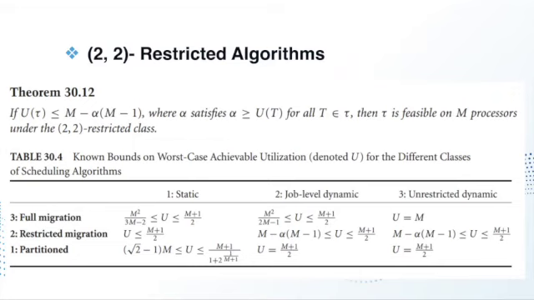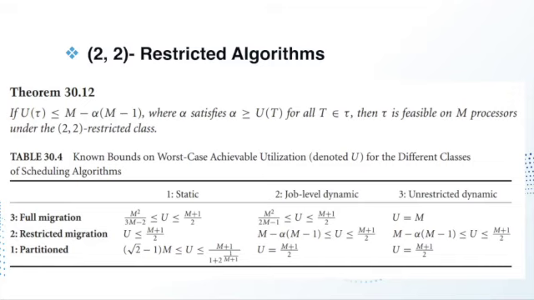The results in this section are summarized in the table shown in Table 30.4. The exact utilization bound for 3 and 3 restricted algorithms follows from Theorem 30.4. The bounds on worst case achievable utilization for partition algorithms follow from Theorems 30.5 to 30.7.